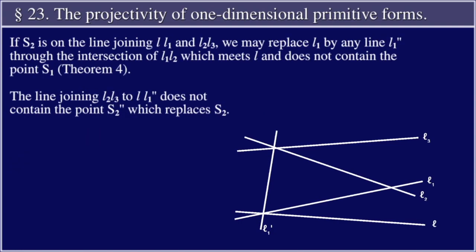If S2 is on the line joining LL1 and L2, L3, we may replace L1 by any line L1'' through the intersection of L1, L2, which meets L and does not contain the point S1, by Theorem 4. The line joining L2, L3 to L1'' does not contain the point S2'', which replaces S2.